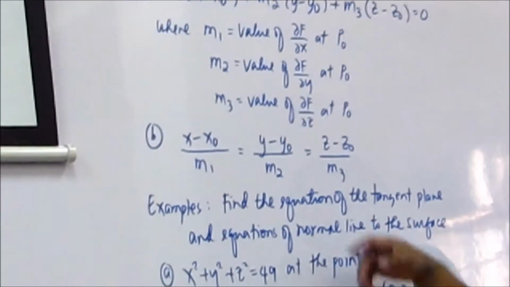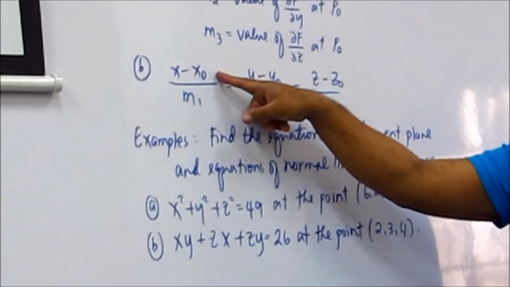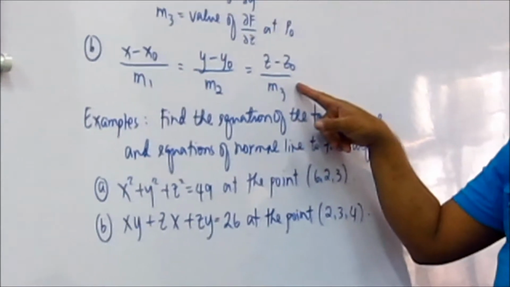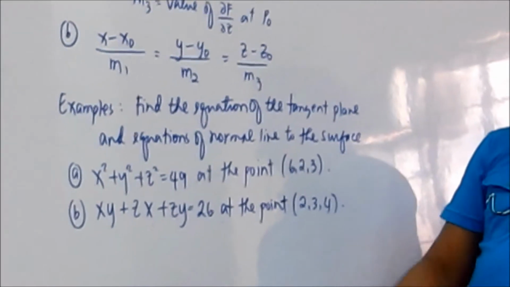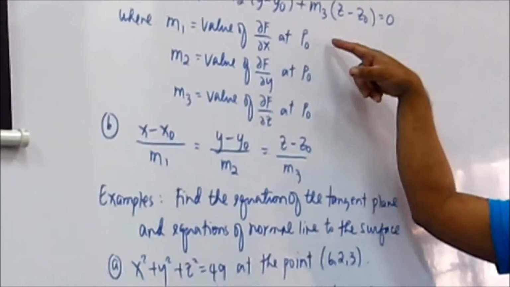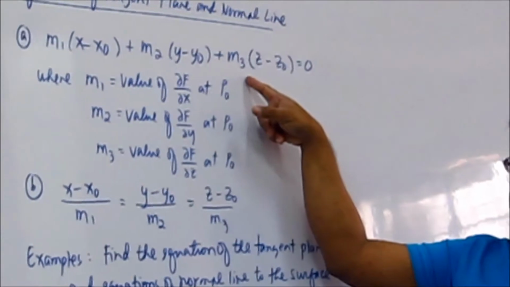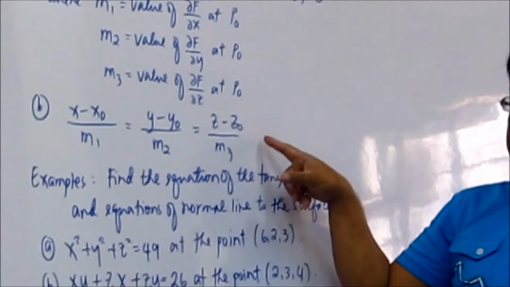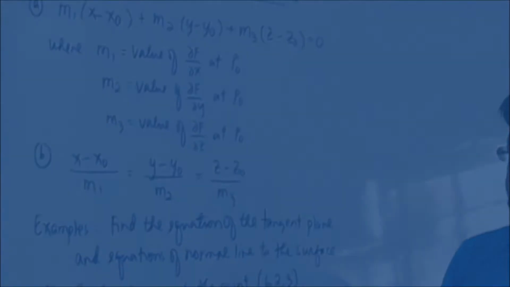What about the equation of the normal line? We have x minus x sub 0 over m1 equals y minus y sub 0 over m2 is equal to z minus z sub 0 over m3. It looks familiar, class, because in our lesson last time on vectors, it is similar to the equation of the plane. And the other one is the symmetric equation of a line.